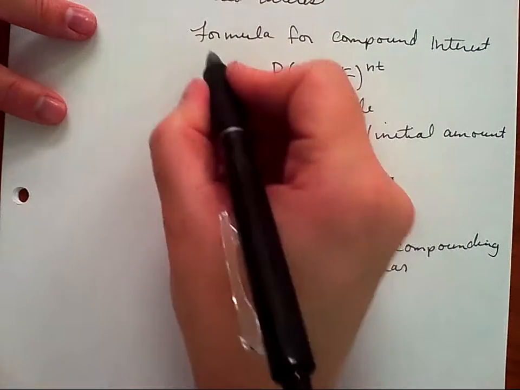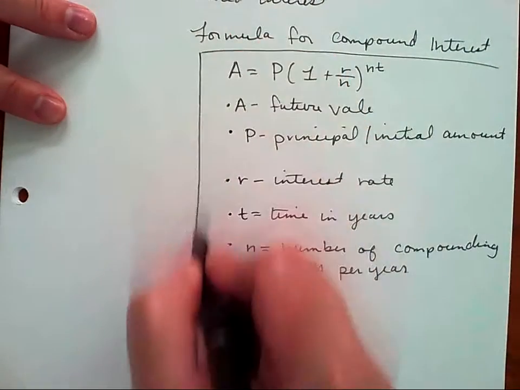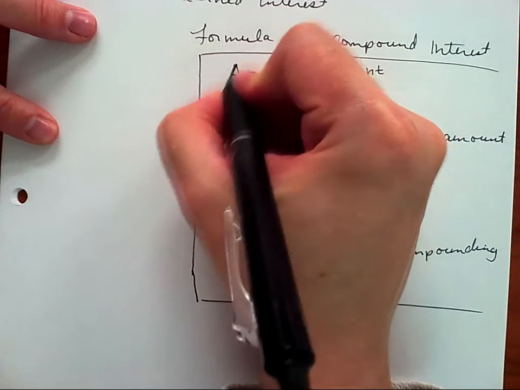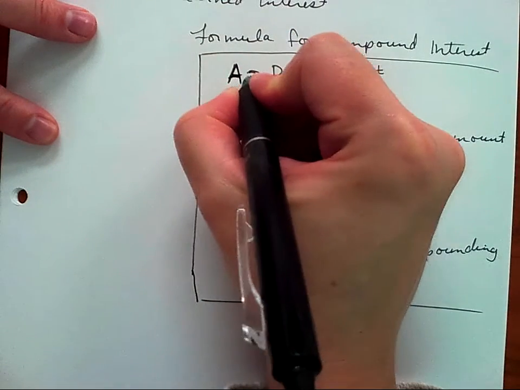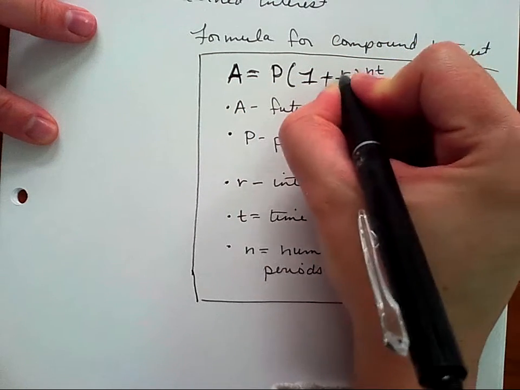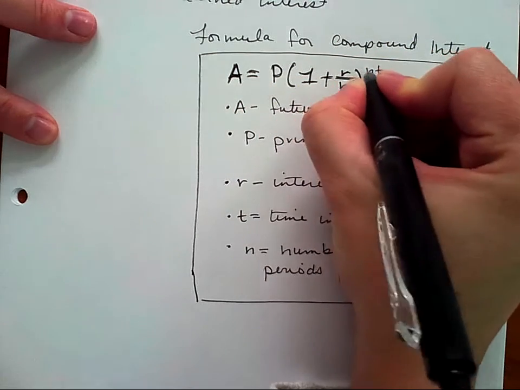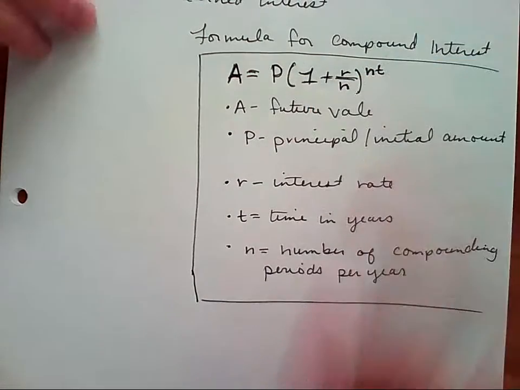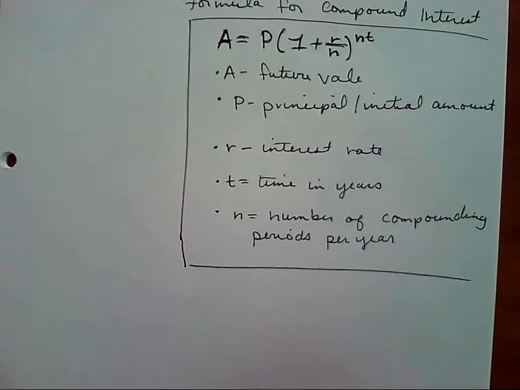All right. So this is our formula that's going on a flashcard. Right? And then that's the definition of all of our variables.